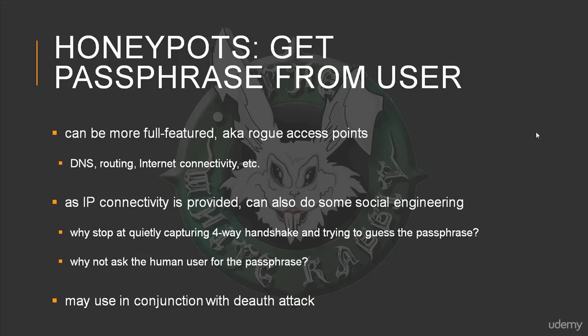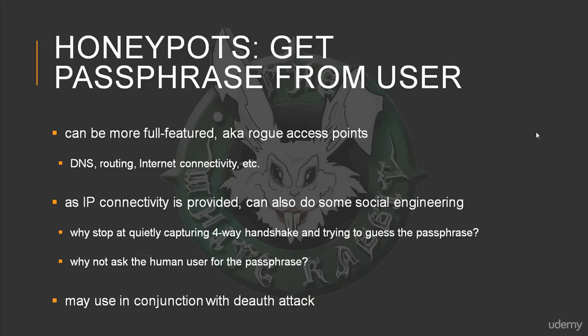In order to get beyond this, we can actually add additional features because real access points support additional features, and some of these are listed here: DNS, routing, internet connectivity, and so on. And then we can have more full-featured fake access points, also known as rogue access points.